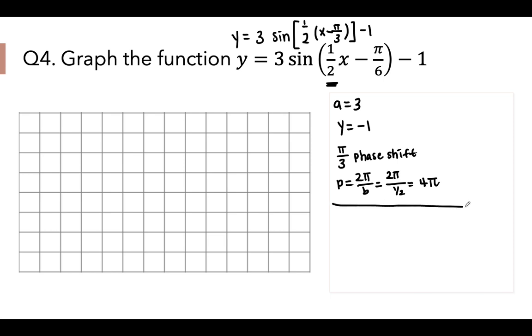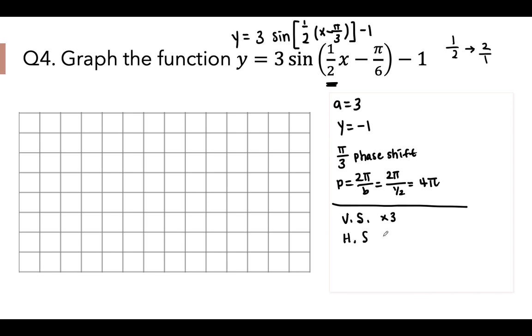Now let's write the description. For A, it's a vertical stretch by factor of 3. And for B, it's 1 over 2. So that means it's a horizontal stretch. The reason is because you're going to flip it. If I flip 1 over 2, it becomes 2 over 1, which is greater than 1.